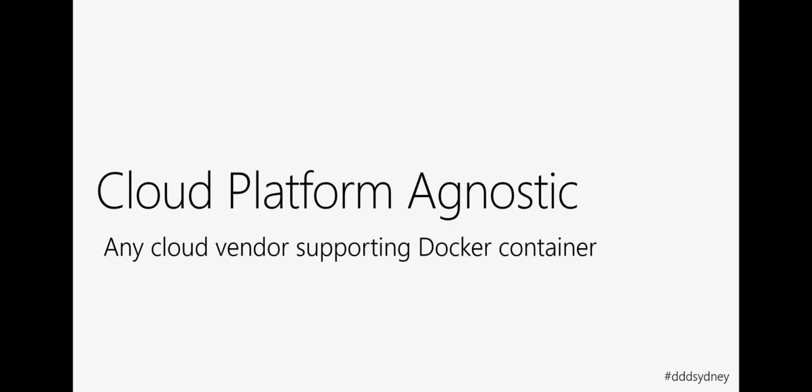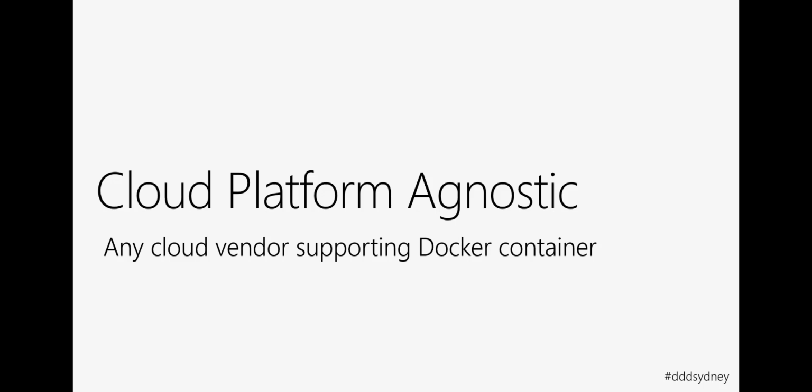What that means is, as long as the container is supported by different cloud service providers, we can migrate from one cloud vendor to another. For example, from Azure to Amazon, or vice versa.